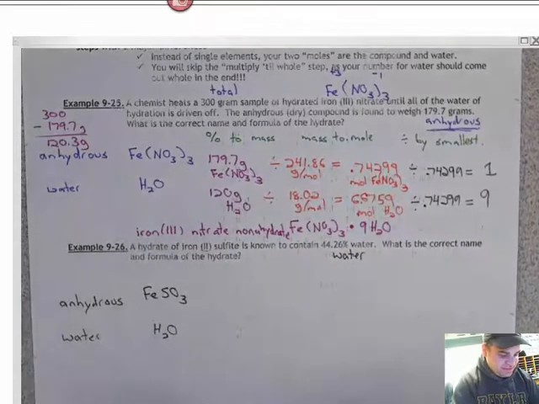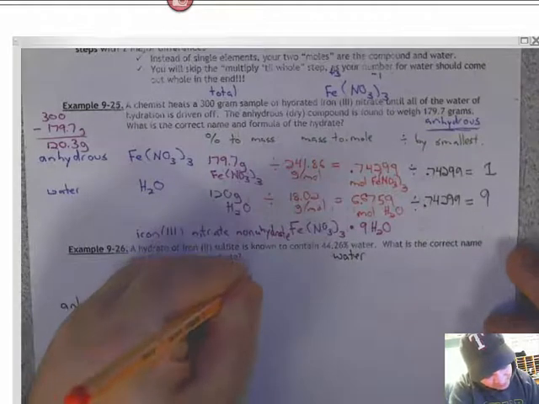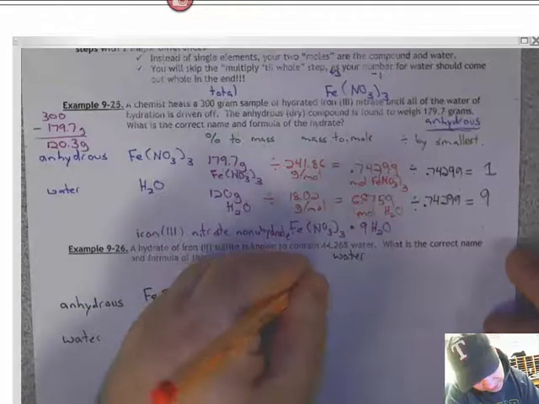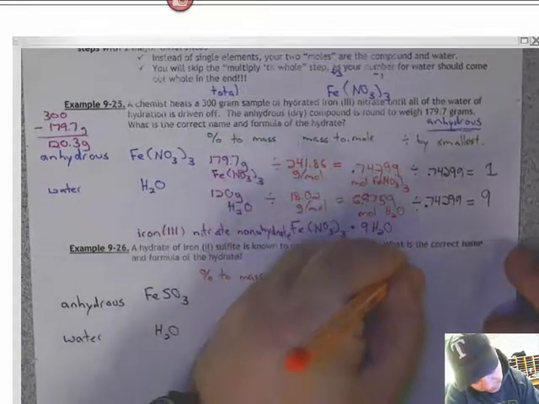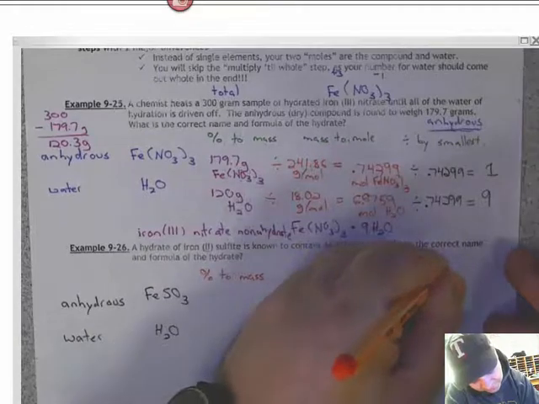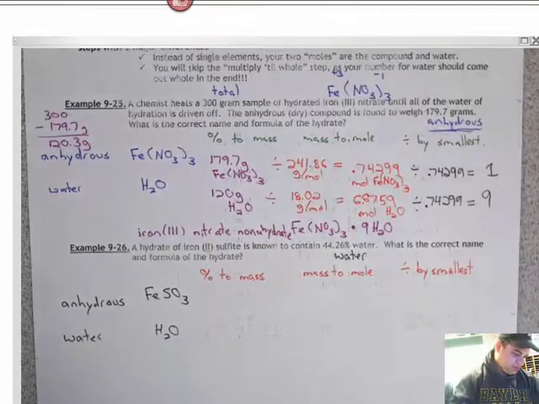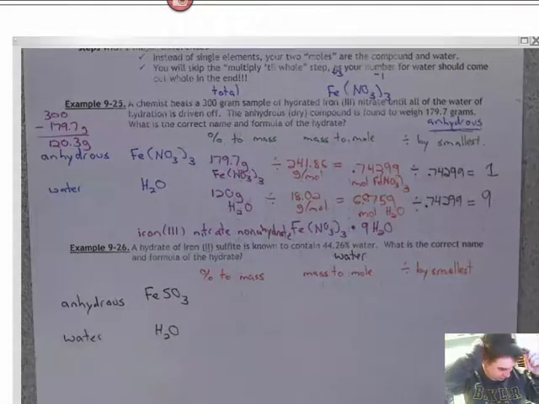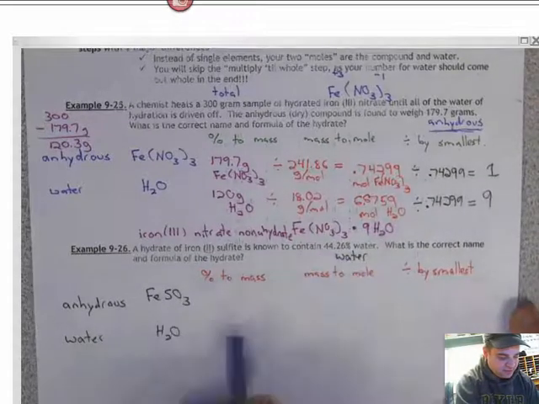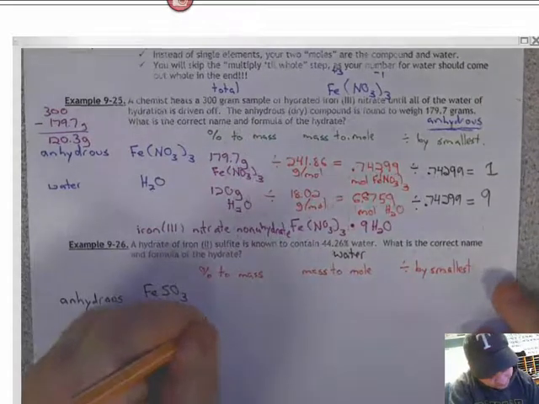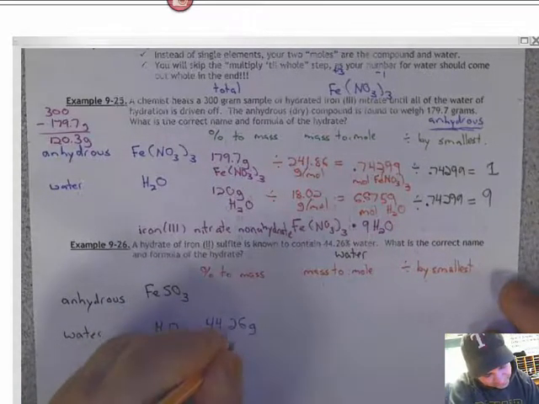Again, here are the steps. Percent to mass, and remember I'm going to take off points if you don't write these down. Mass to moles, and divide by smallest. So here we have 42.26% water, that's the water.